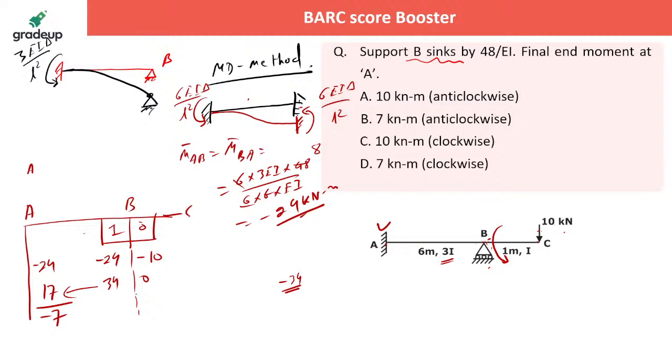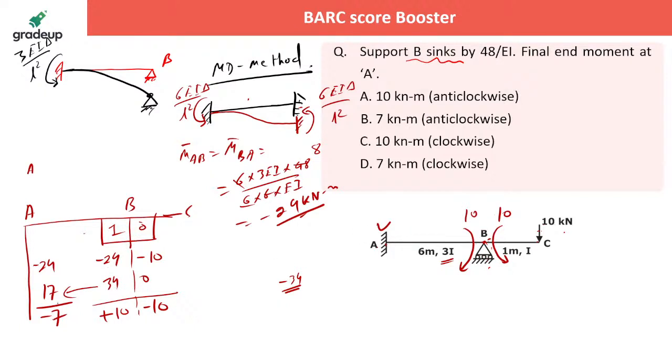Both the moments should be balanced, right? If you calculate, finally you're getting minus 7 here, plus 10 here, and minus 10 here. Now this is balanced. How? MBA is clockwise, that is 10, and MBC is minus 10. Now the joint B is balanced, the way we used to do in our MD table.